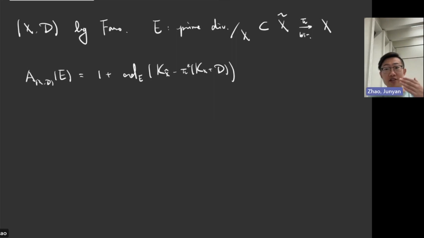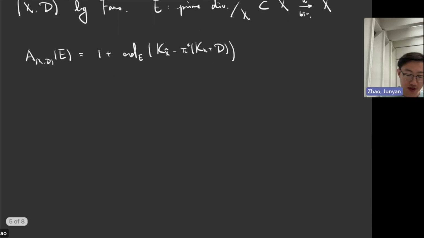Roughly speaking, it measures the maximal vanishing order of the canonical along the center of this divisor.